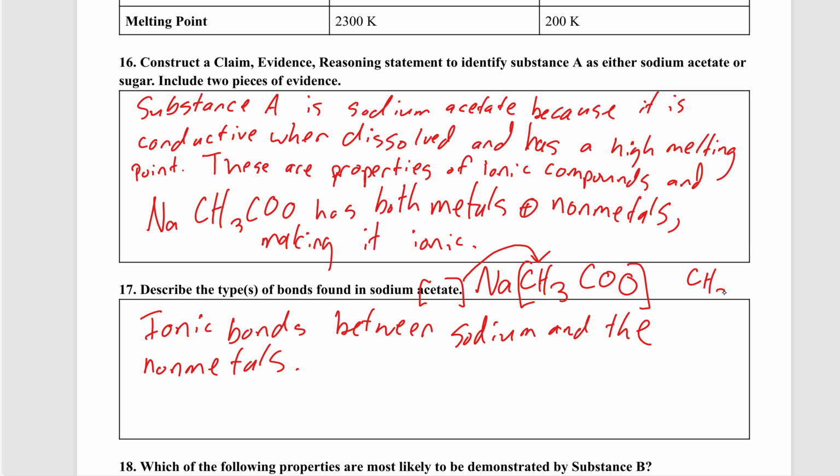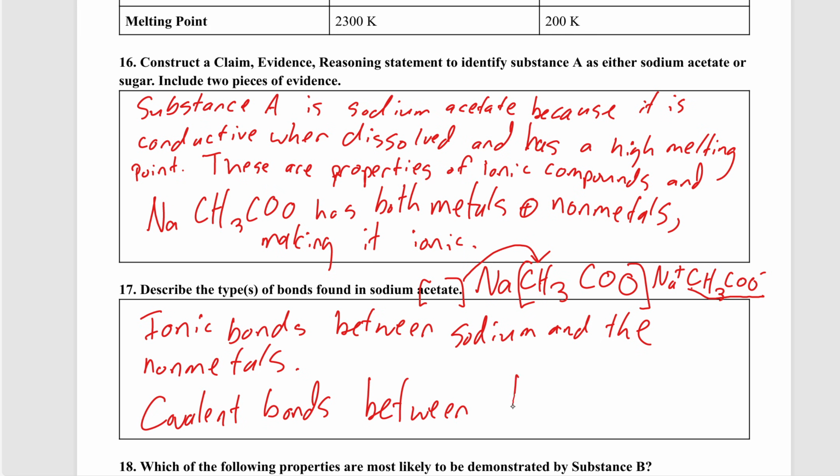This is the acetate ion. So with this, since it's negative, it will be able to bond to sodium, which is positive, and it does that ionically. But within this, those are all nonmetals sticking together. So those are covalent bonds in there. So ionic bonds between sodium and the nonmetals, and covalent bonds between the nonmetals.